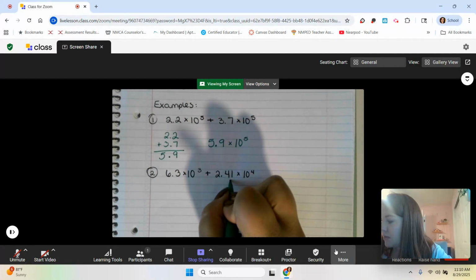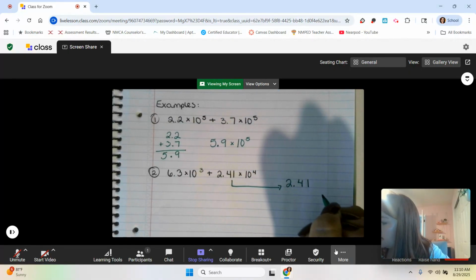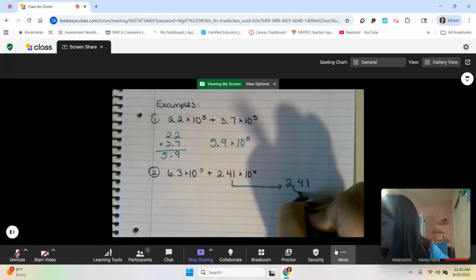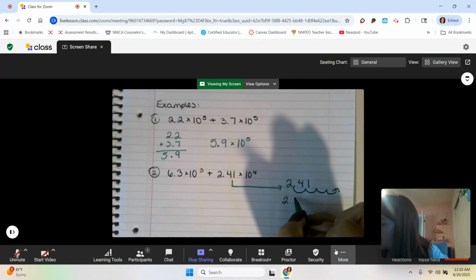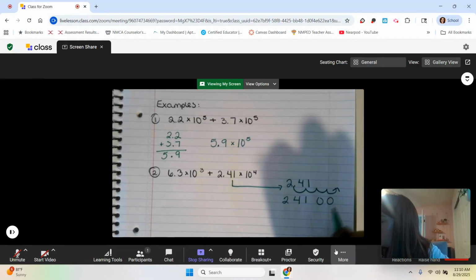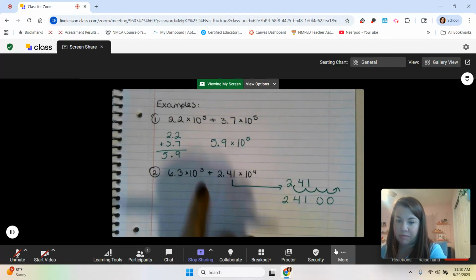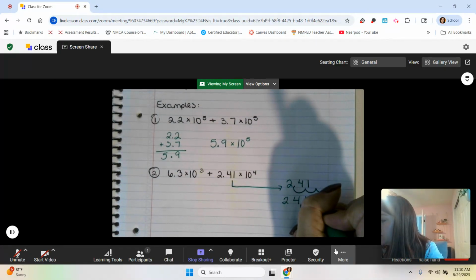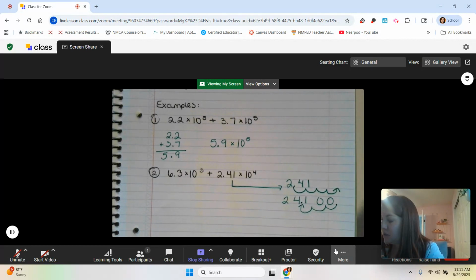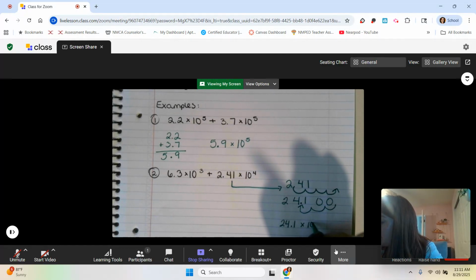To write 2.41 times 10 to the 4th in standard form, I'd go 4 spaces to the right, which would look like that, 24,100. Okay? But I want it to have an exponent of 3, so I'm going to move it back 1, 2, 3 spots, and I could rewrite this as 24.1 times 10 to the 3rd.